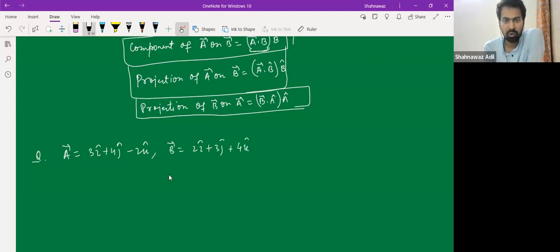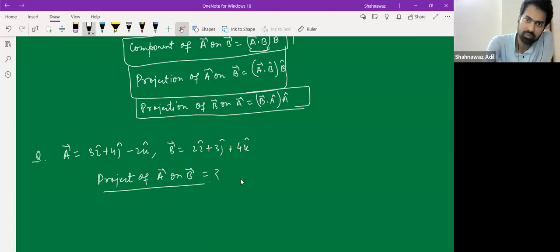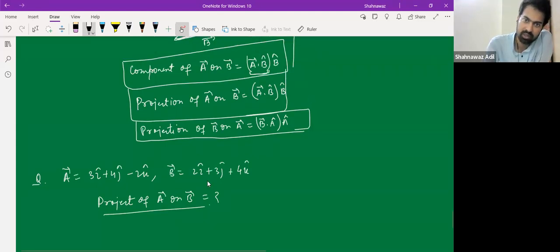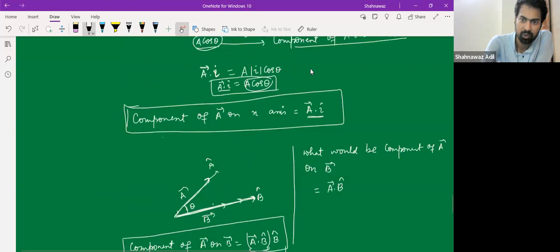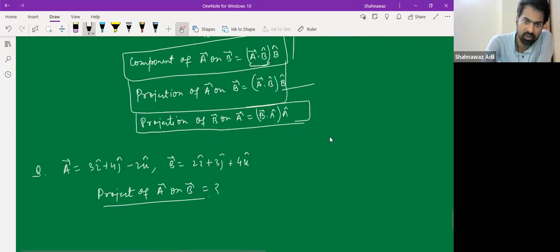Tell me the projection of A on B. How much will that be? Just look at this part. Did you note down this part? Yes, sir. Okay, then please do this part.